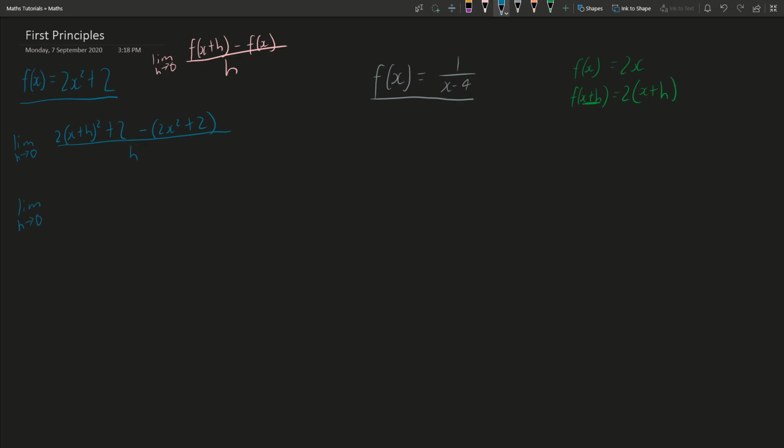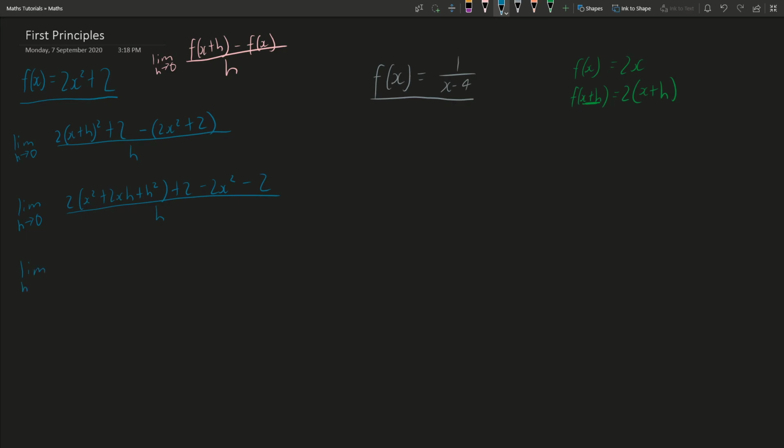So we're going to expand this out now. We have 2 times x squared plus 2xh plus h squared plus 2 minus 2x squared minus 2 over h again.